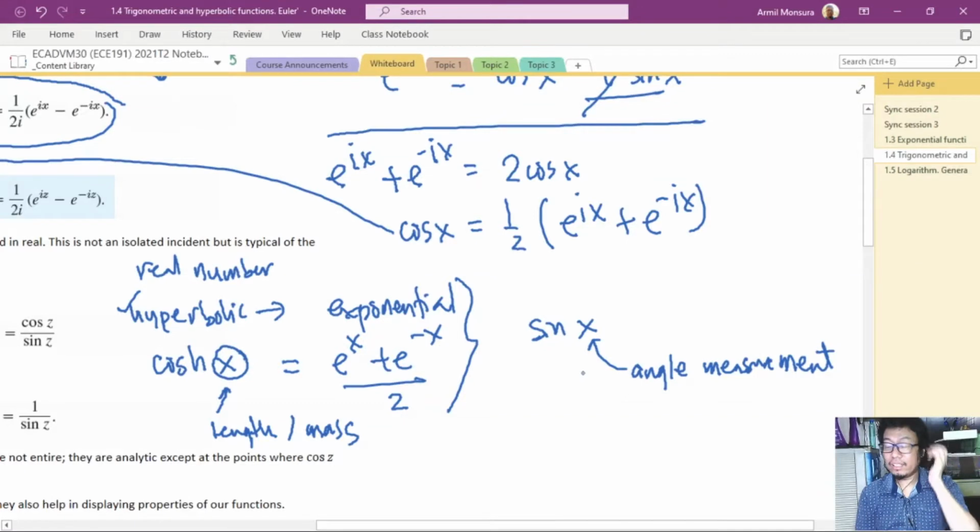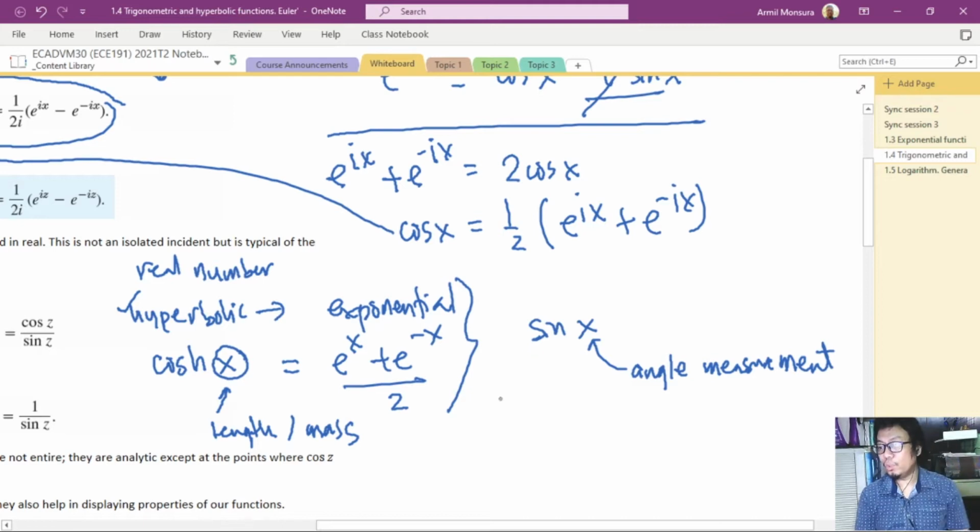Most of the identities to be established for hyperbolic functions are very close to what the identities of the trigonometric functions exhibit. And that is in terms of real numbers.